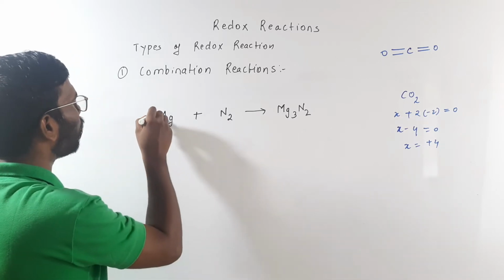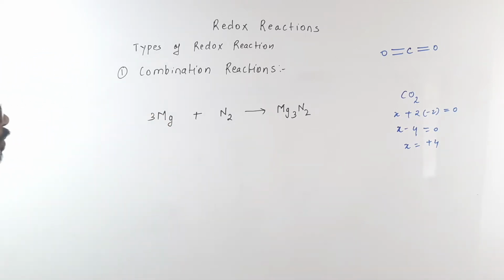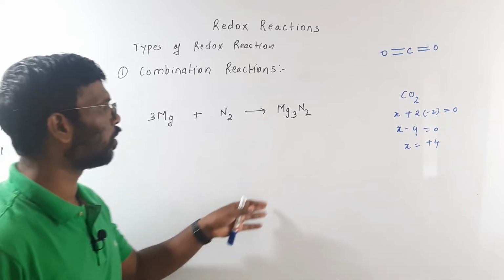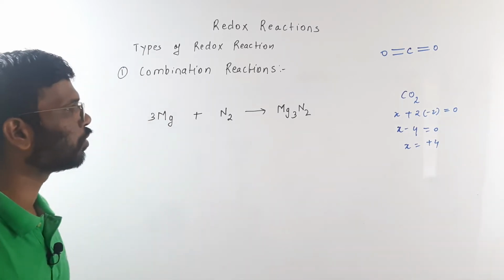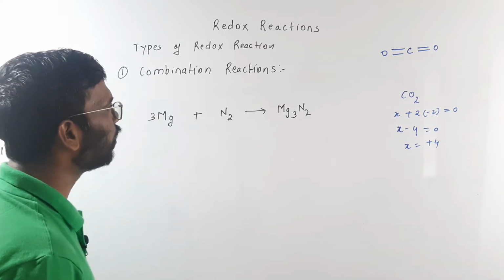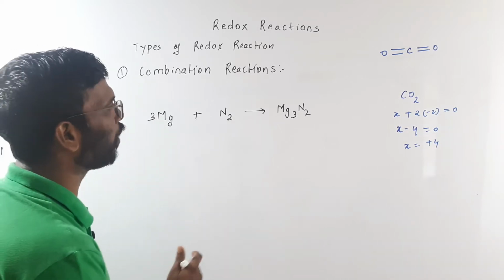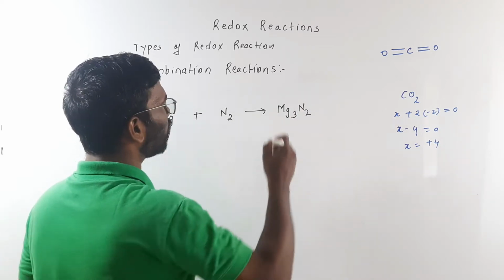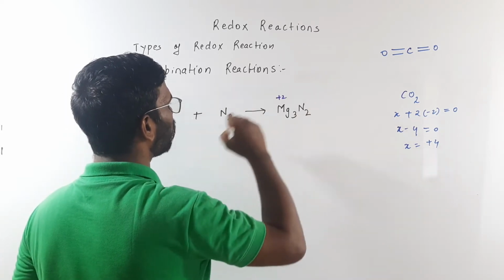To balance this, I'll put 3 moles of Mg over here. Now, what would be the oxidation state of magnesium and the nitrogen over here? If we calculate, this will be equal to plus 2.